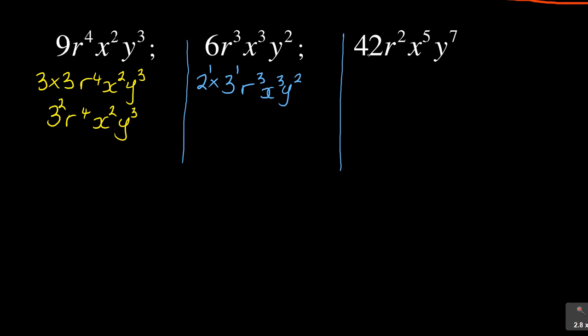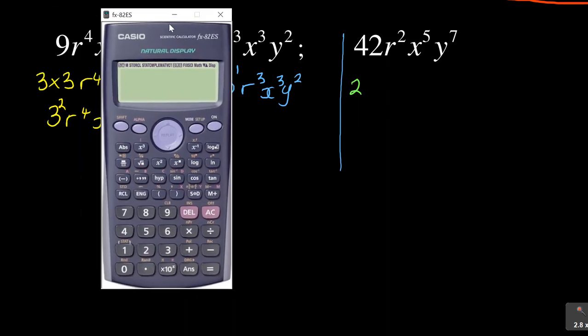In this case, it is 42. The prime factors of 42, you can use a calculator so that you can see how this goes. 42 divided by 2, you get 21. Then you ask yourself, what are the prime factors of 21? 21 divided by 3 gives 7. So you can see it was 2, 3, and 7. 2 is a prime factor, 3 is a prime factor, 7 is a prime factor of 42.